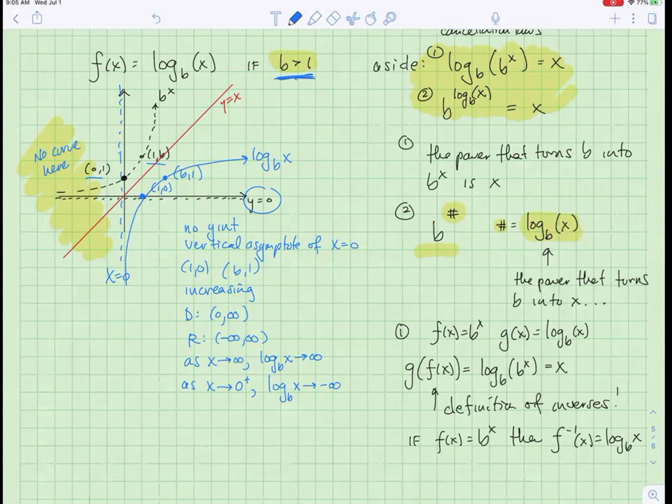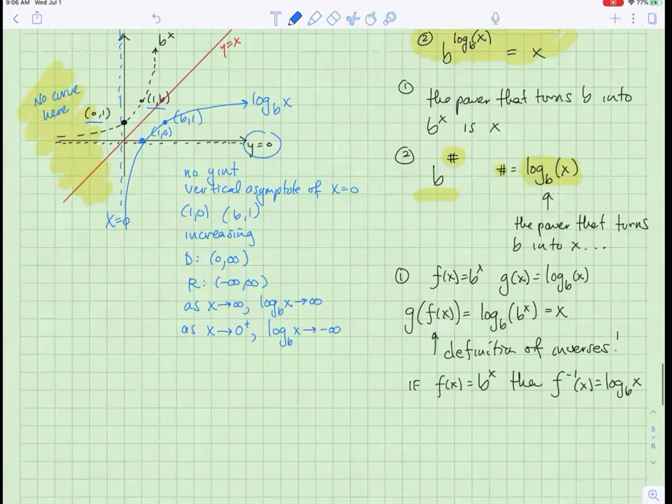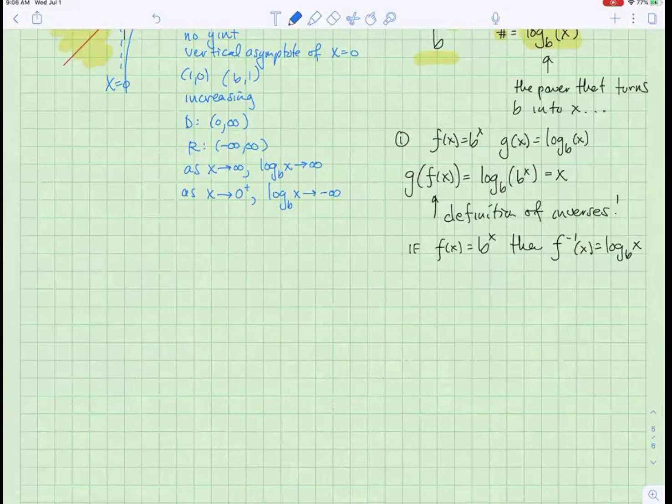Now, there's another version of this. I guess the key to what I was talking about down here was the fact that these were inverses. That's what kick-started my ability to graph this.